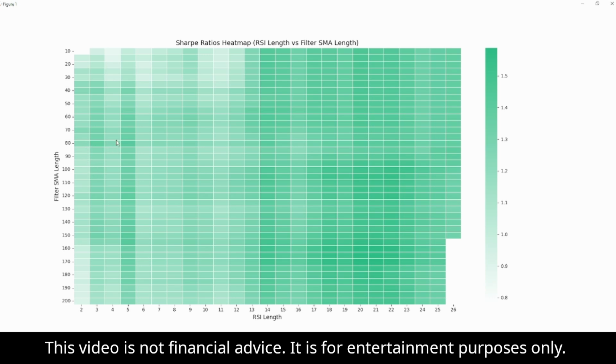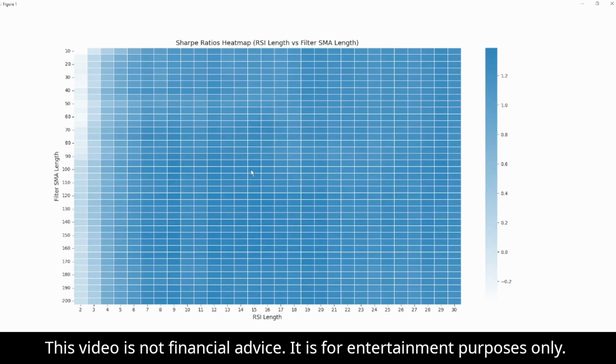But again, this is not very well defined, and there is a sharp drop in performance for 4 here seemingly, and also for 6 for the RSI. As you can see, the columns are less green than for the 3 and 5 lengths for the RSI. So we could use that, but it's not perfect.